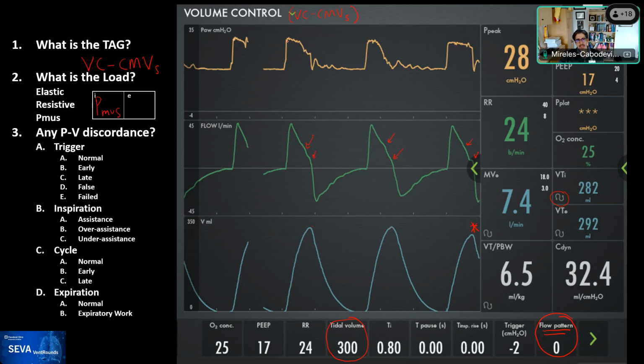Always imagine how would this look if it was passive. There's the initial straight, the flow goes up, and then suddenly you see the drop in pressure. If this was a passive breath, this probably would look something like that, right?